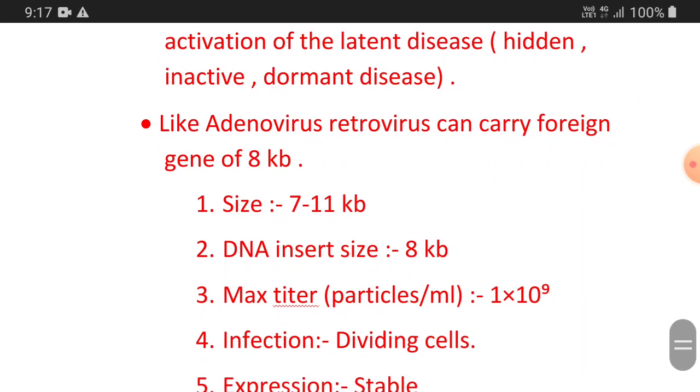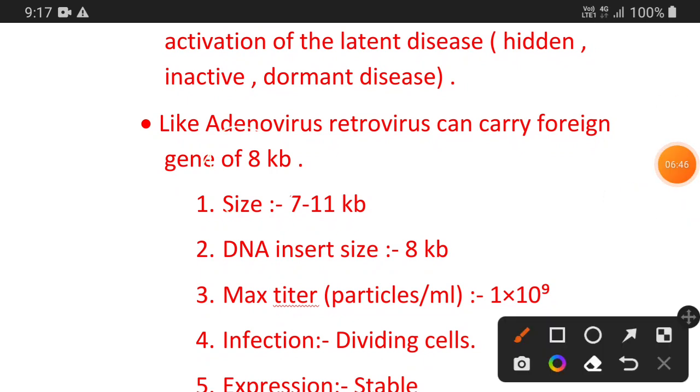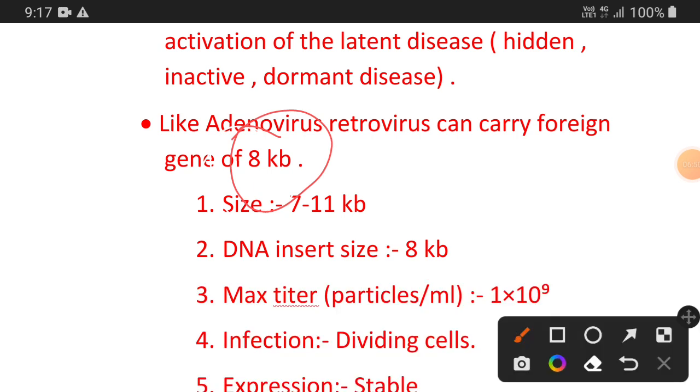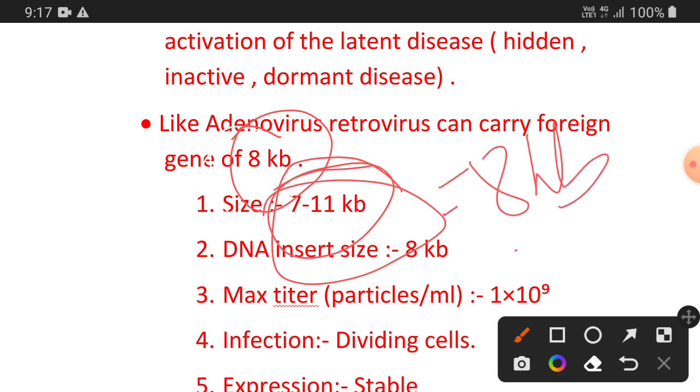And like adenovirus, retrovirus has a gene insertion size of 8 kb. Its genome has a size of 7 to 11 kb, so among the 7 to 11 kb we are incorporating 8 kb. That means the dominant part is our transgene. The maximum titer of the viral particle can be 1 times 10 to the power 9.